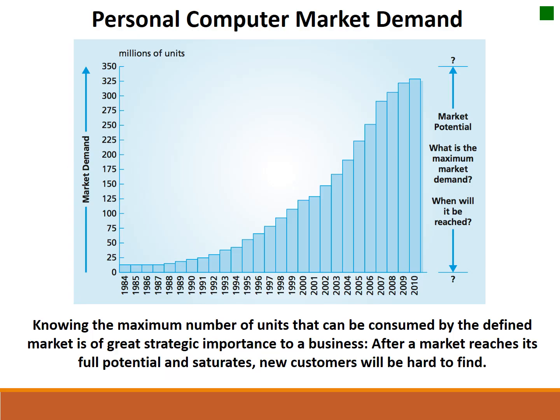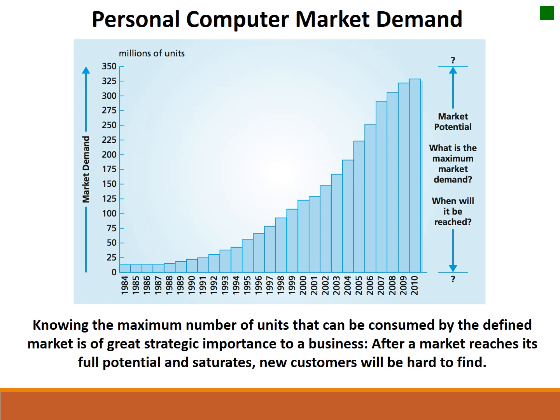Okay, we're going to spend some time thinking about the product life cycle, and in particular what we want to do is consider what demand for a product looks like over a long period of time. When we think about demand curves, we often think about them in a macro perspective. So for this example, we have personal computers and the demand for personal computers over a long period of time from an industry perspective.